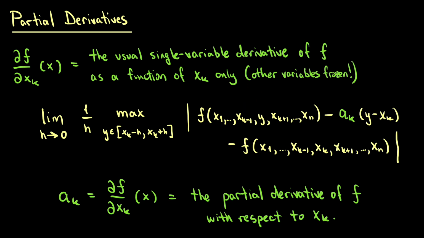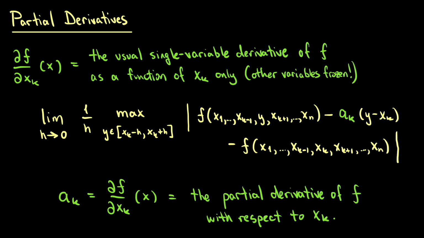And you want this to be the slope of the line, ak, and then you do ak times y minus xk, just like you would in the single variable case. And then you subtract just f of x. I just wrote f of x with all its coordinates here so you could compare, but this is really just f of x. So I'm only allowing one coordinate to vary. This is identical to the single variable derivative.